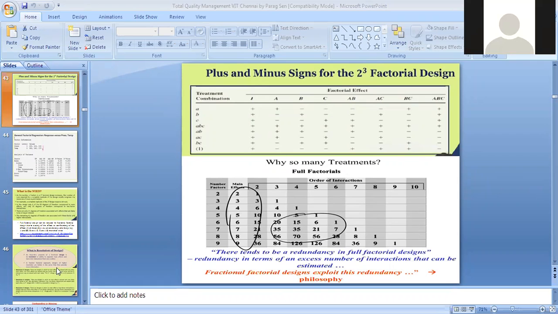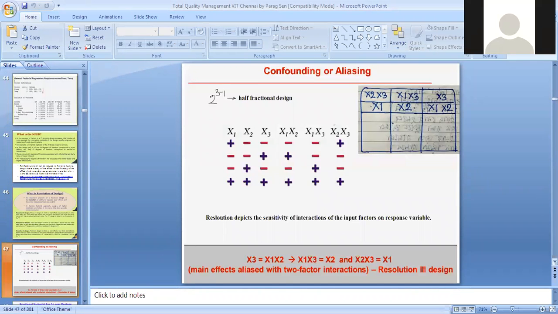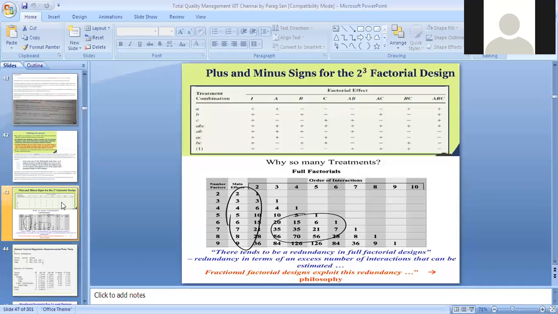Now, the interesting thing is that if you notice this particular matrix, you will see that each and every column is identical in nature and they are different as compared to the others.